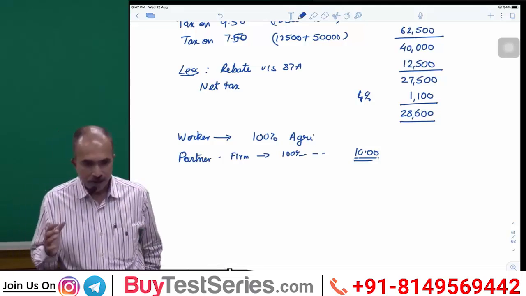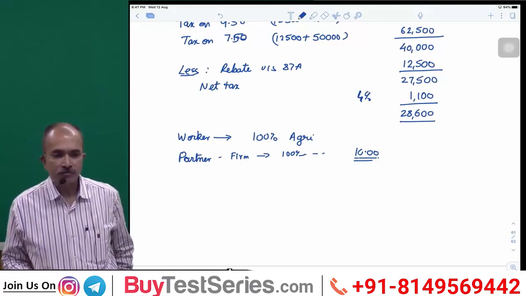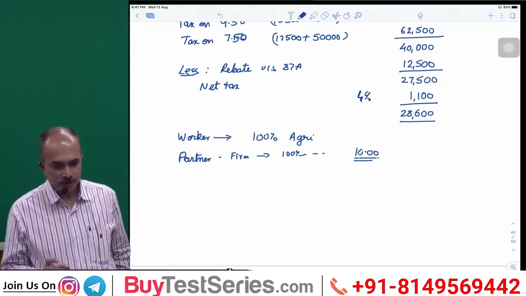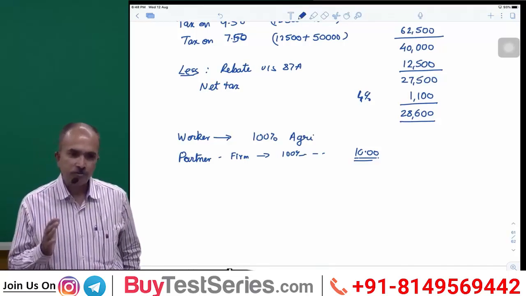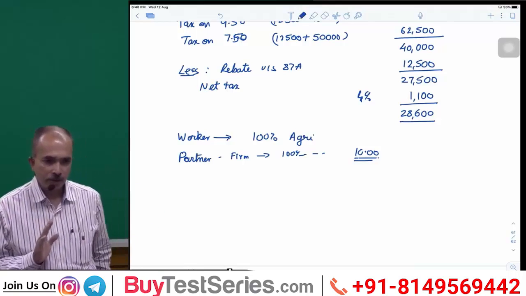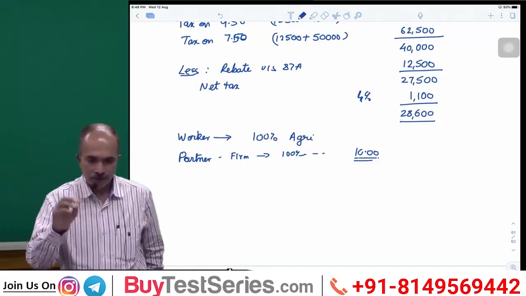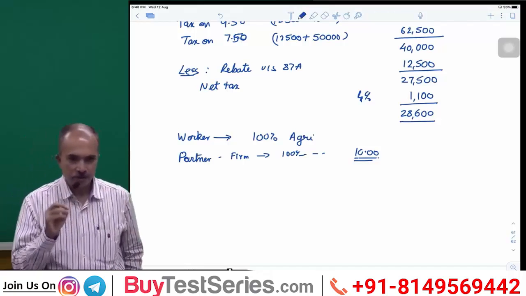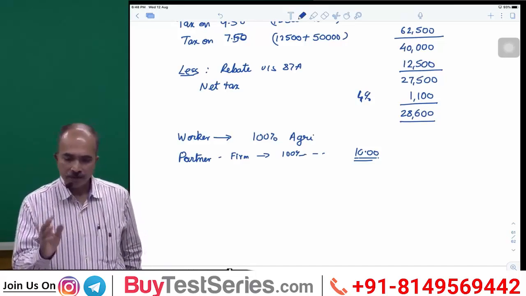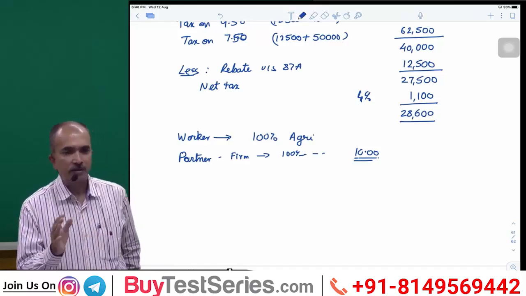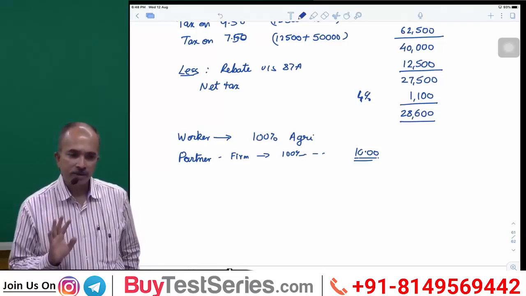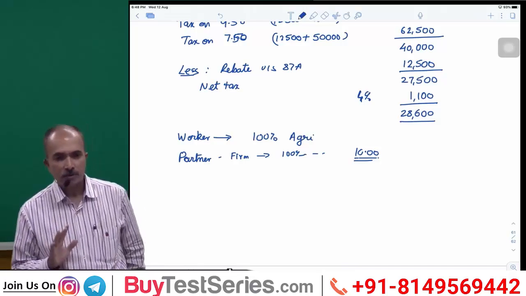When a partner is getting remuneration from the firm, though you call it remuneration, in substance, it is a way of sharing the profits of the firm. Right? So, if let us say 2 crore is net profit, your share is say 50%, 1 crore. If I pay you salary 10 lakh, you will get 10 lakh salary and 90 lakh share in profit. Either way you are going to get 1 crore.